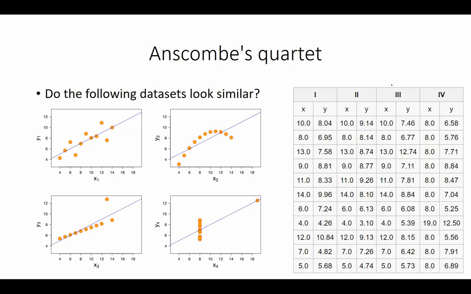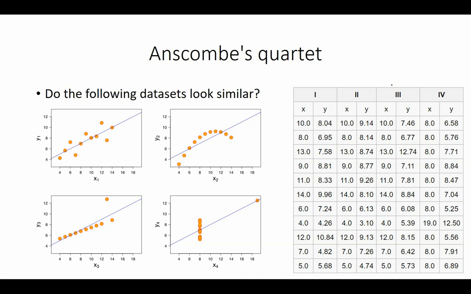OK, so some caveats related to statistics, which I thought are very important to mention. First, I think this data set will look familiar to you. It was an unseen data set that you got to work on in one of the exercises. I think you got the impression that it was a bit confusing, because in the exercise, you first had to calculate a bunch of statistics, and then, without even seeing the data, guess whether the data sets are similar or not.